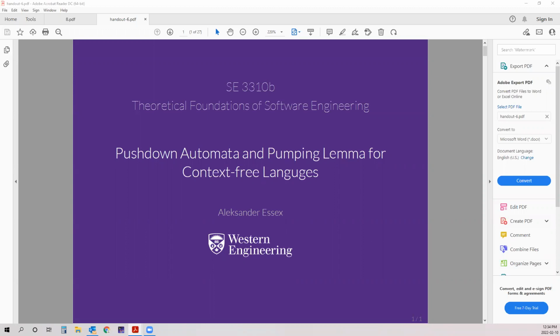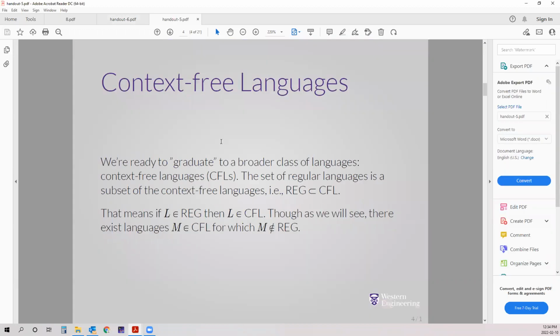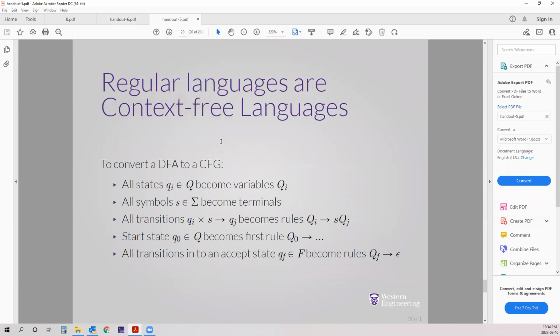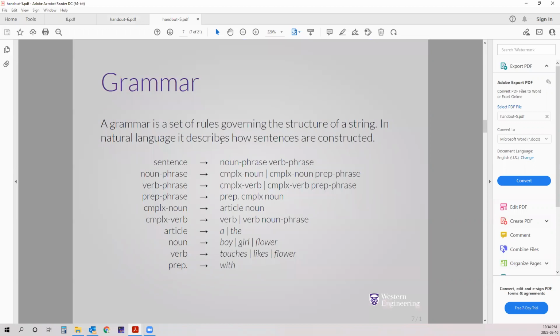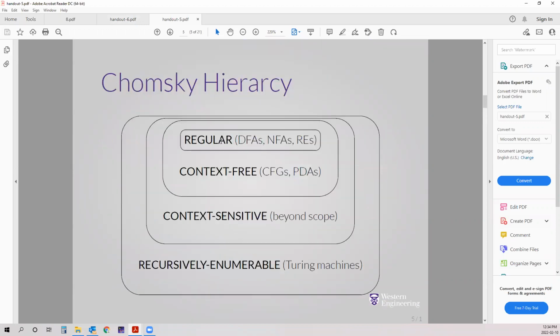Let me open handout 5. Yesterday, we touched base with the Chomsky hierarchy, and we said that regular language is the basic level, the first level, then the other level that contains the first level is context-free grammar, which has context-free grammar and push-down automata.